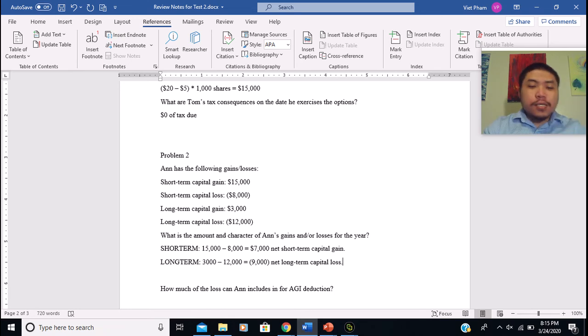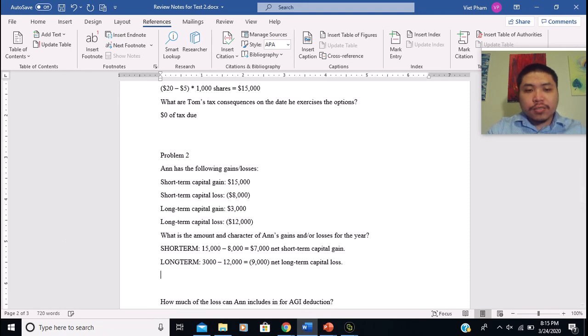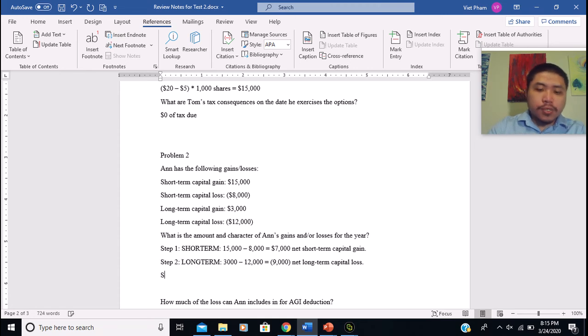Now because we have a gain and a loss, we have to move to the third step, which is to net these two amounts together. We have to net short-term and long-term together. So that was step 1, step 2, and now step 3.